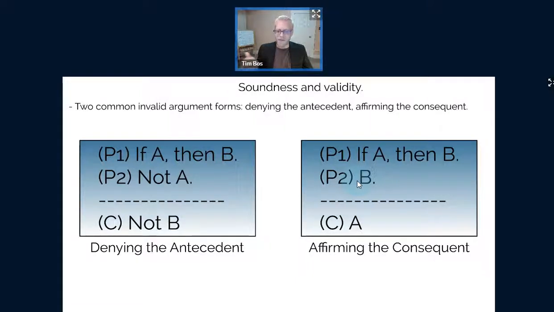Maybe you were never going to think about it. But I wanted to bring that up in case you were ever thinking about that. If you see something that kind of looks like affirming the consequent, but it makes sense, well, it's probably not a deductive argument. It's an inductive argument, okay? But here, focusing just on anything with this format, you'll be able to say that is deductively invalid.